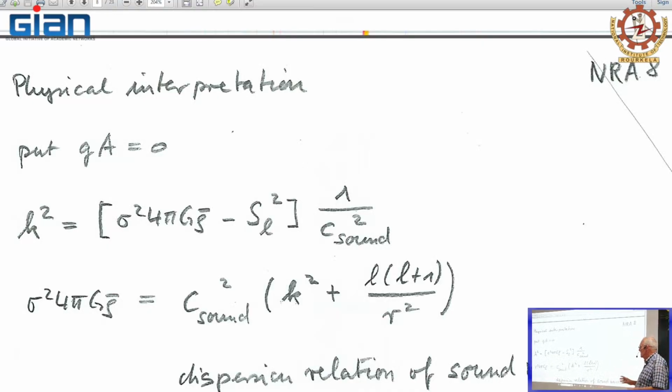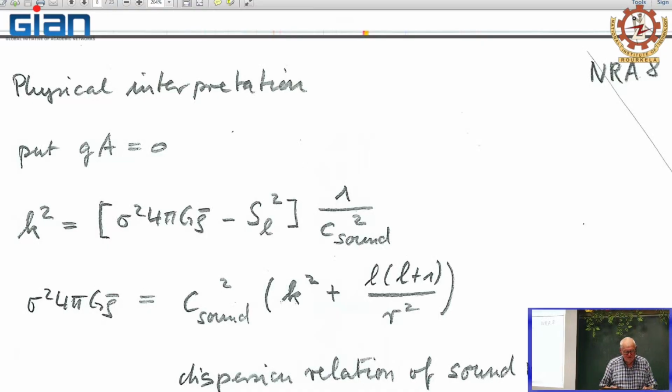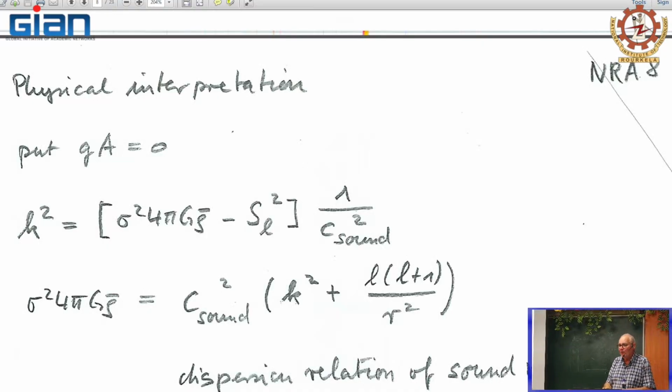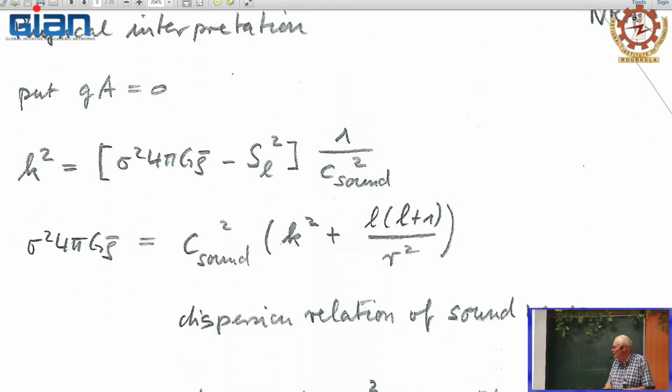This is the local version of the relation between wave number and frequency for a sound wave. Okay, this is the so-called dispersion relation for sound waves. I have to finish here.